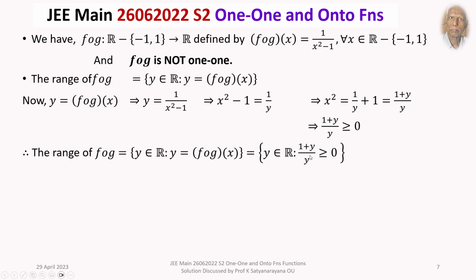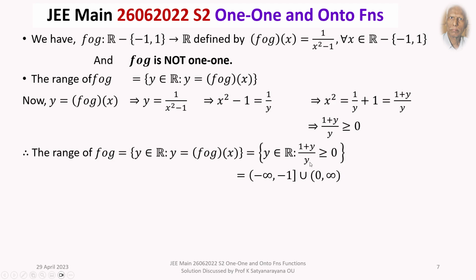If y is equal to minus 1, it will be 0. If y is less than minus 1, then 1 plus y is negative by y, y is negative, negative by negative, it is positive. Therefore, it is equal to minus infinity to minus 1, where minus 1 is included, union the open interval 0 to infinity.